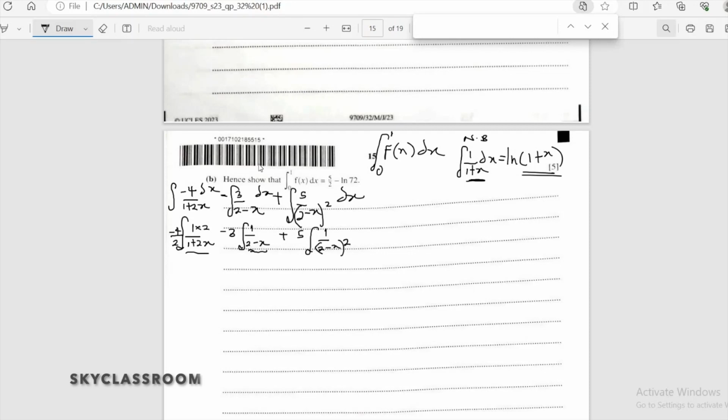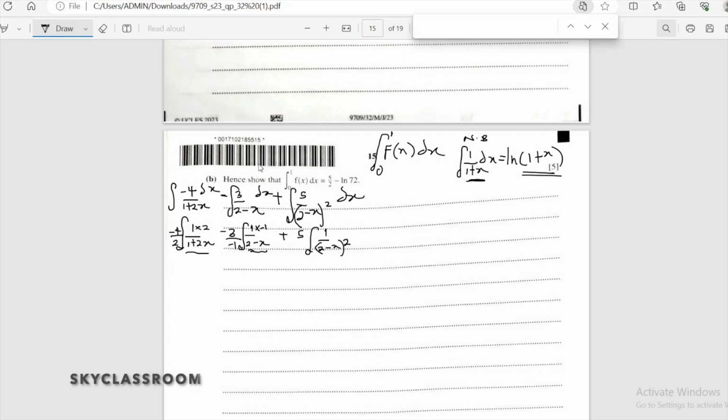So you have to attach minus 1 on top and divide the whole expression by minus 1. That's the logic. The third expression here, 5 integral 1 over 2 minus x squared, is different from the first two expressions. We are not going to integrate it like that. I'll tell you what to do when you get there.